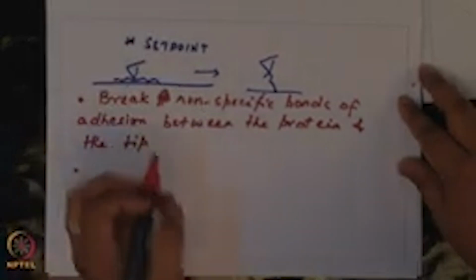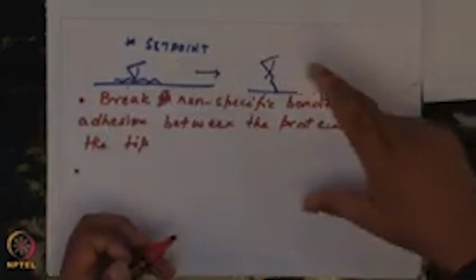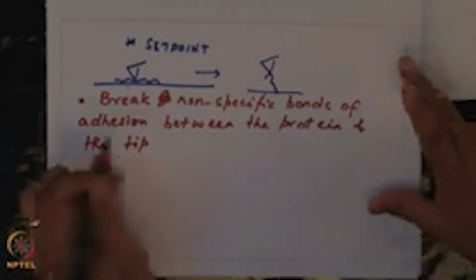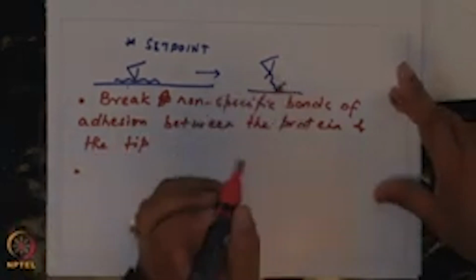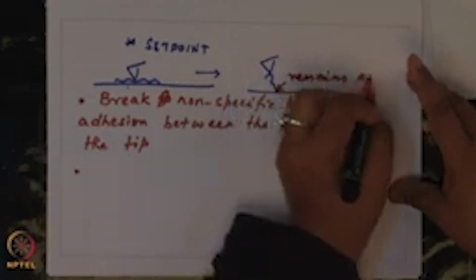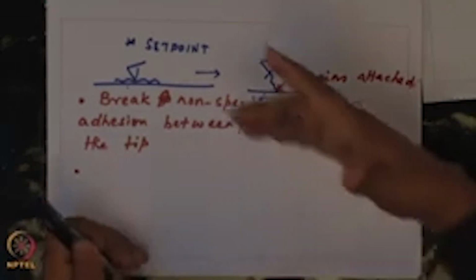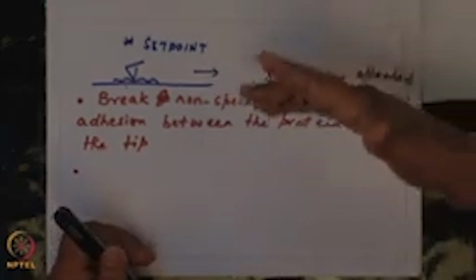Step 2, when the tip is going up, this will work if at least this end remains attached. If the entire protein detaches from the surface, then the entire thing will come off and you will not get any signature. So, one end of the protein must remain attached to the substrate.